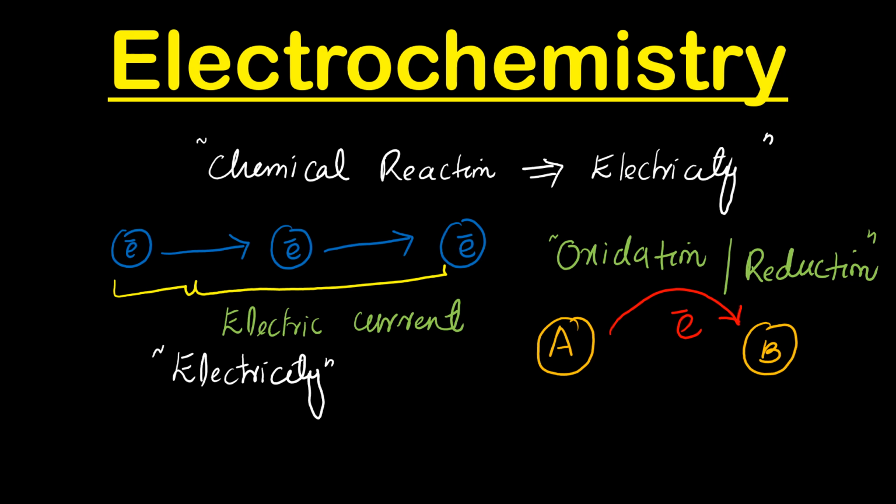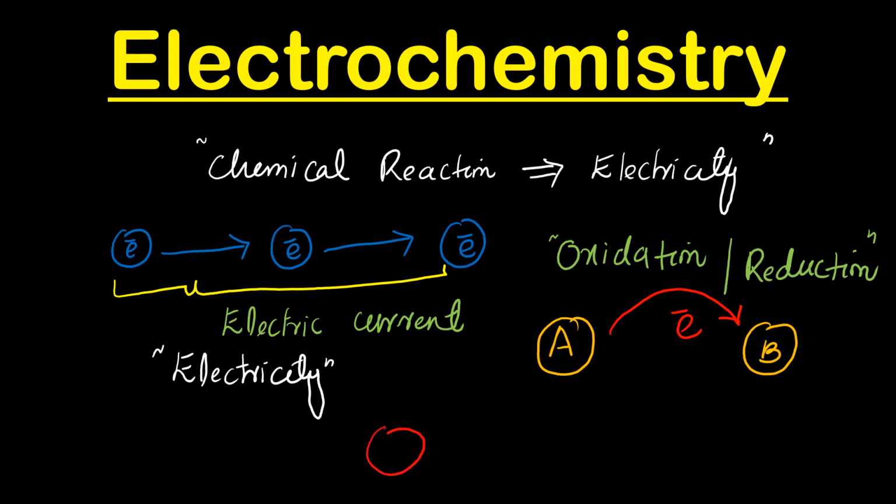So if the transfer of electrons between atoms is channelized, then electricity may be generated between these two atoms. Usually, the electron flow between two atoms or two chemicals is channelized by connecting these two separate atoms with a wire.